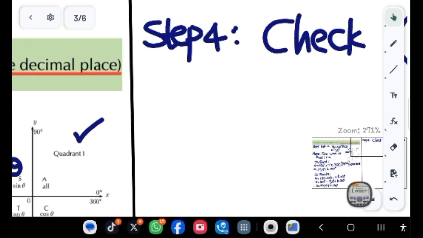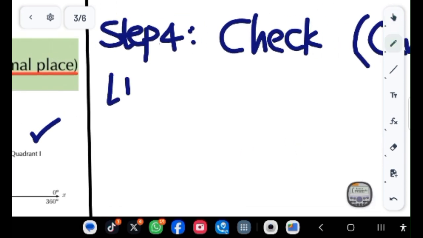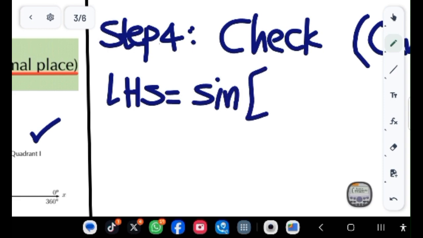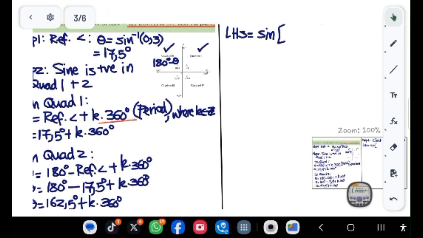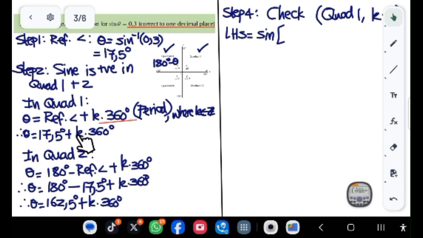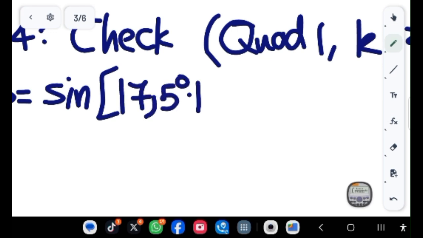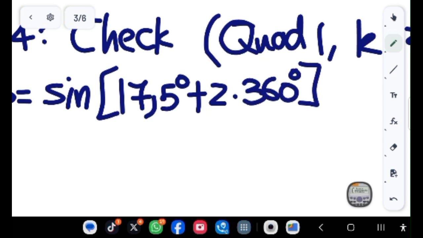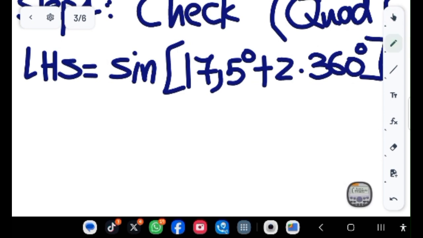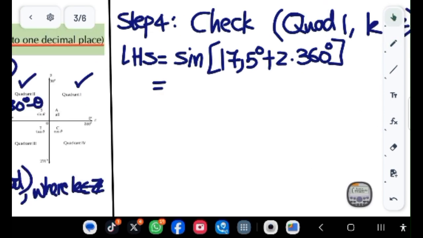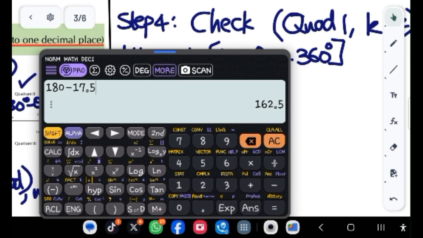So here is how we check. Left hand side equals sine of, where there is theta, we substitute 17,5 degrees plus 2 times 360 degrees, because our K is positive 2. And that should give us an answer that is equal to the right hand side. Let's check for that.